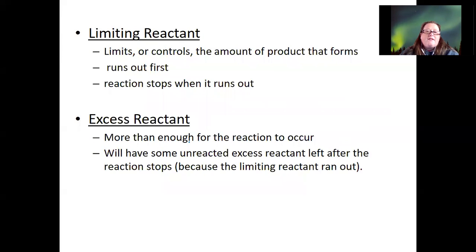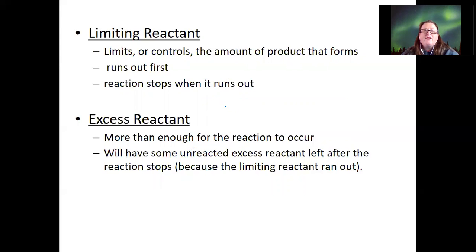The excess reactant is what gets left over. So after the reaction stops, there might still be some extra reactant that remains unreacted. And we like to plan for this so that there is as little excess reactant as possible. But sometimes we can't control that.